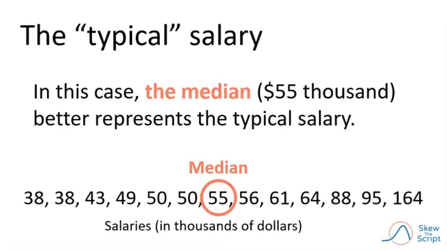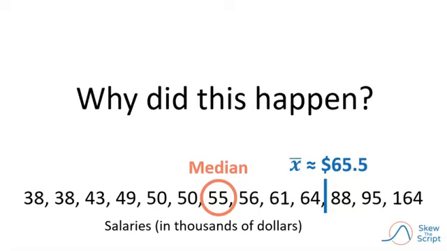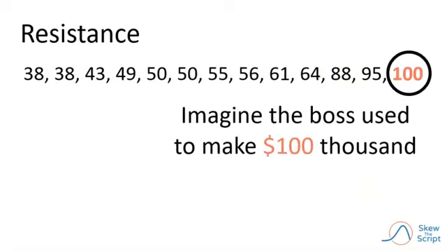What if we don't use the mean, but instead we use the median right in the middle, $55,000? That might be a more representative measure of center. So what exactly is going on here? Why is the mean no longer a good measure of center, but the median is? Let's look at a hypothetical here. Let's imagine that 1 year ago, the boss used to make $100,000, and then they decided to give themselves a raise to $164,000.